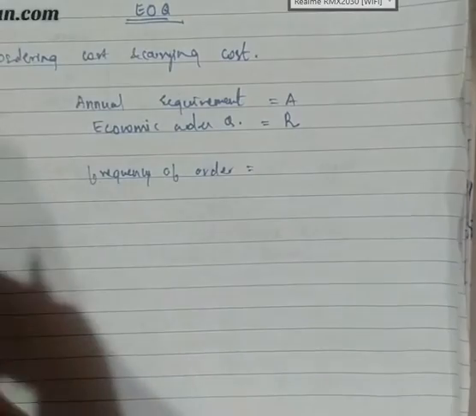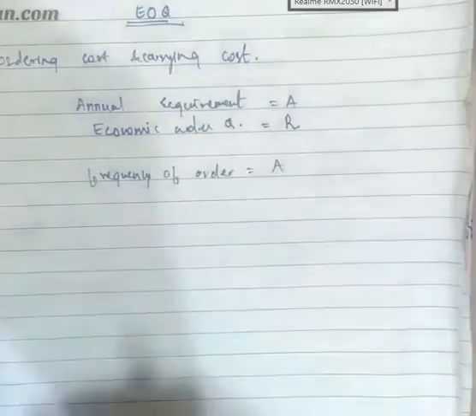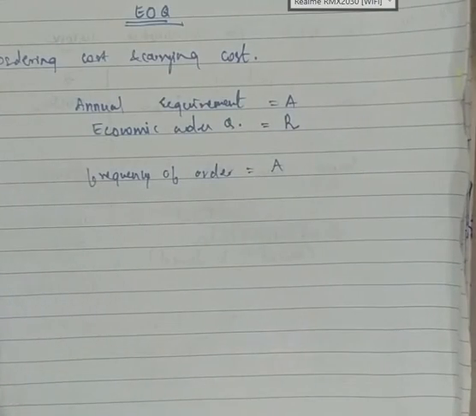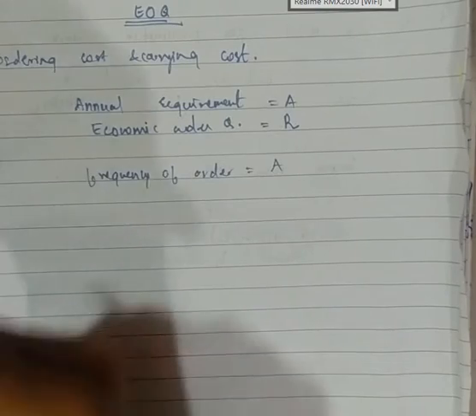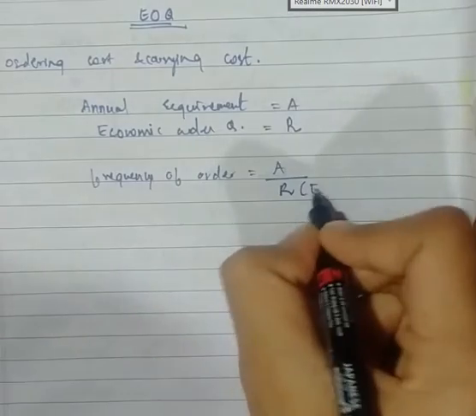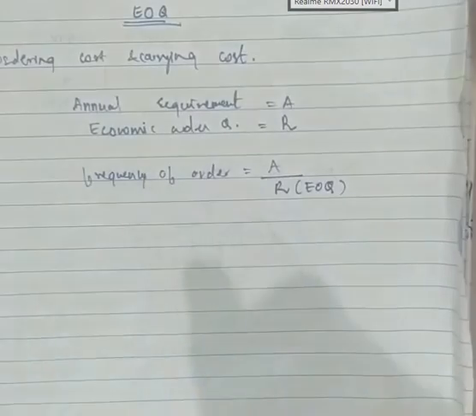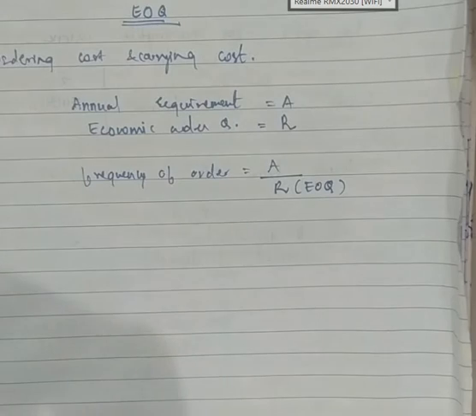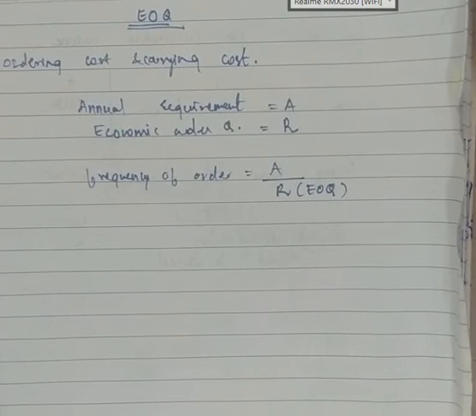It's just our total requirement A divided by how much quantity we will order each time, so R. That's EOQ. Our goal is to find the R where OC, that is ordering cost and carrying cost, will be minimized.